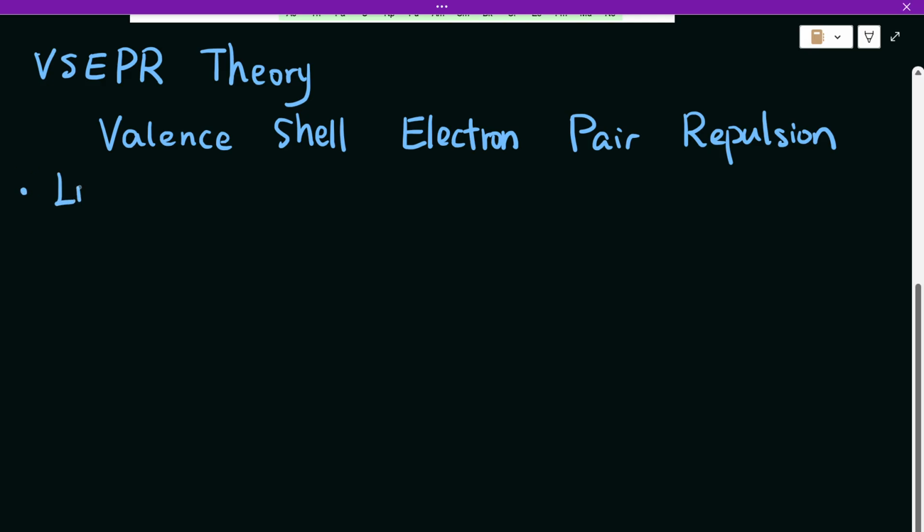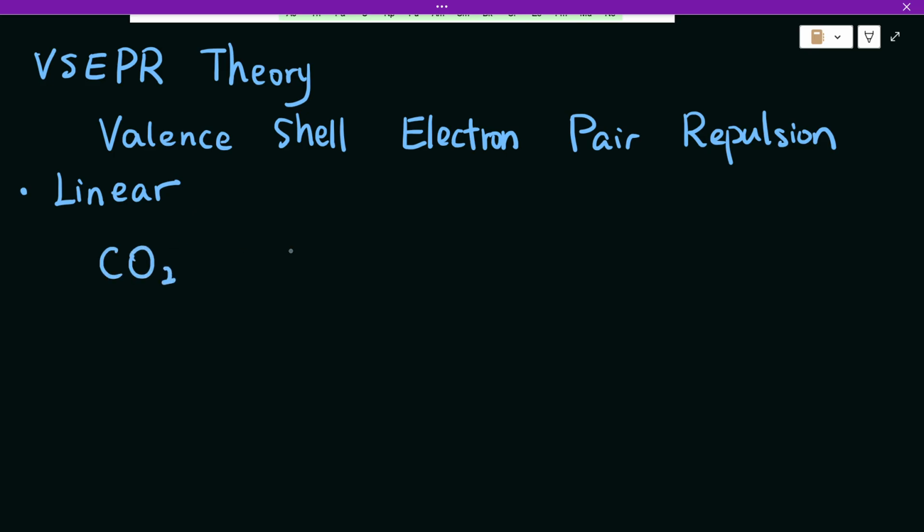The first one is linear shape, and we can use the molecule carbon dioxide as an example. So if we use Lewis structure diagram, we will know that the carbon will serve as the central atom, and it will form 2 double bonds with the 2 oxygen atoms on both sides.